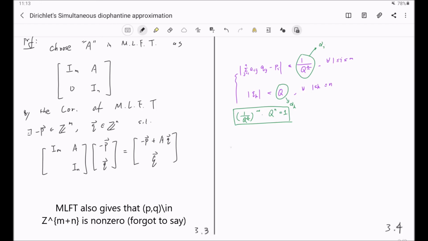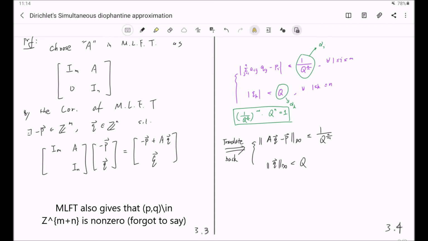And as a result, if you translate back, you get first the maximum norm of q is less than Q, and second, this norm, still maximum norm, is less than or equal to 1 over Q raised to the power n over m.